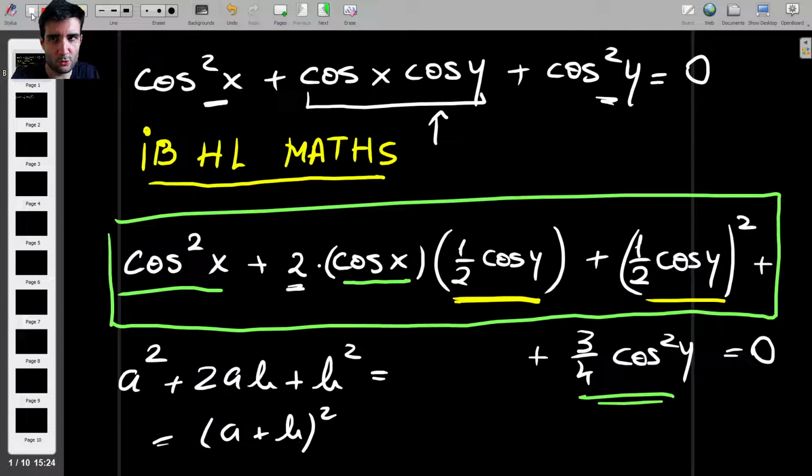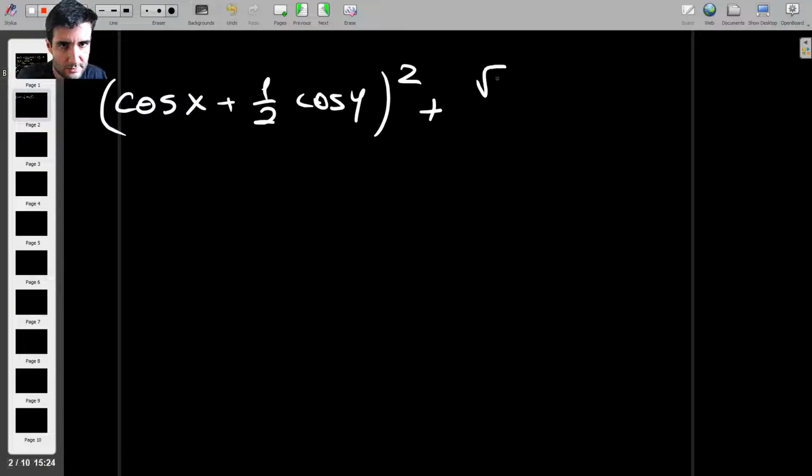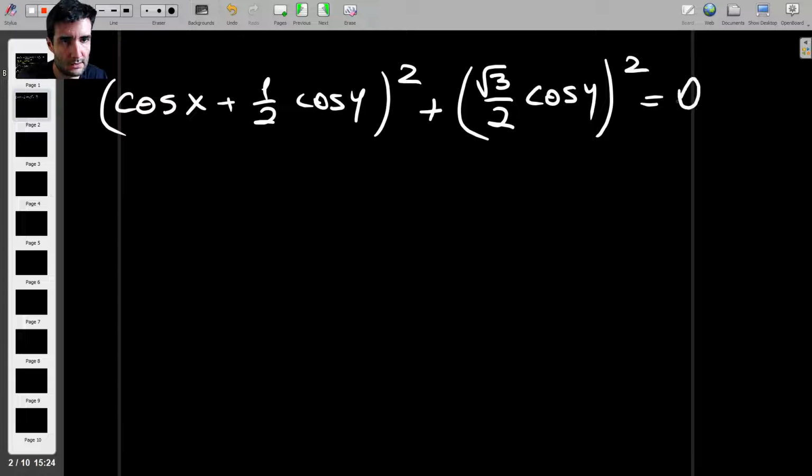Okay, but we can also turn that into a square as well, and it's quite easy. So that last term is (square root of 3/2 multiplied by cosine of y) squared, and the whole thing is equal to 0, right? So something interesting is happening. We have a sum of two squares which is equal to 0. So the only time when a sum of two squares is equal to 0 is when both terms are equal to 0, right?